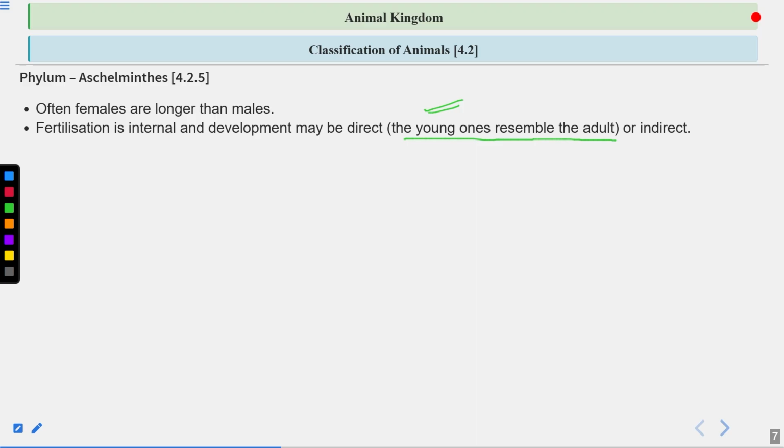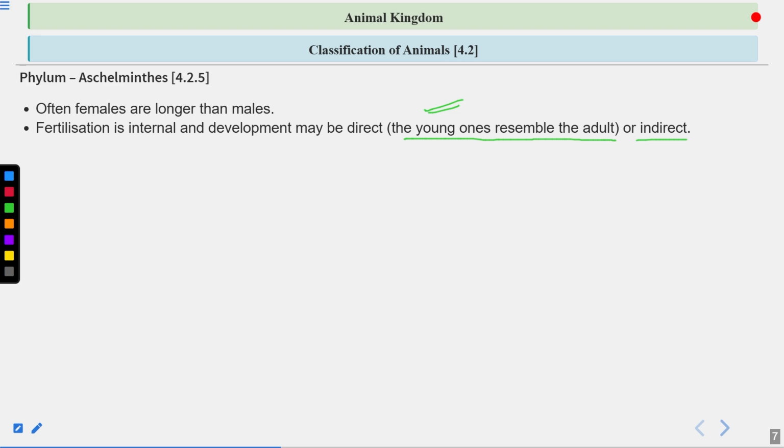But here in the case of Aschelminthes, right? The development in some of the organisms is direct, right? The young one looks just like the adult. So there are no larval stages. But in some cases, we see that there is indirect development. It means there is a formation of a larval stage, right?